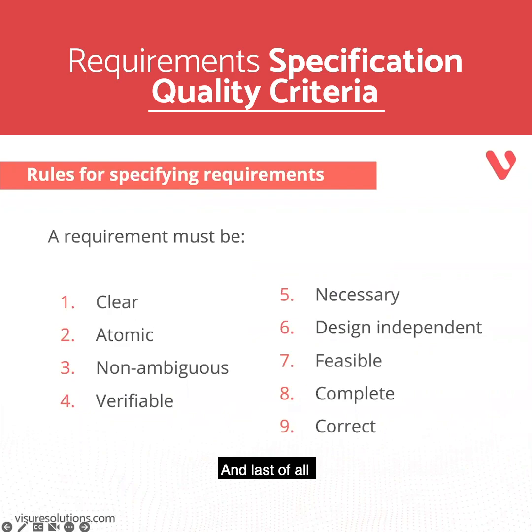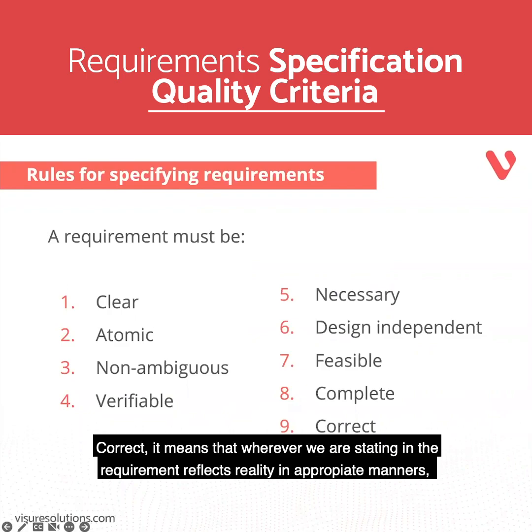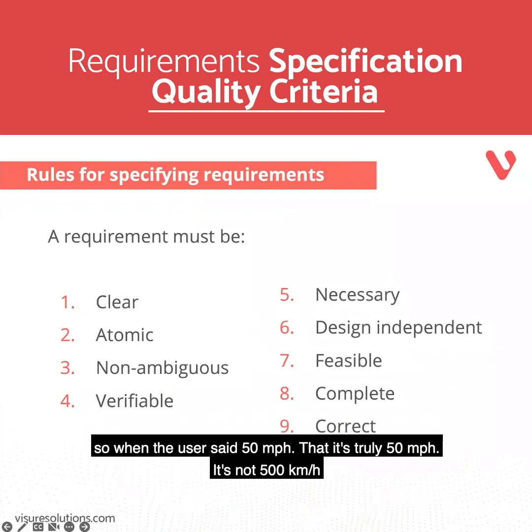And last of all, correct. It means that whatever we're stating in the requirement reflects reality in an appropriate manner. So when the user said 50 miles per hour, that it's truly 50 miles per hour. It's not 500 kilometers per hour. So it's very simple.